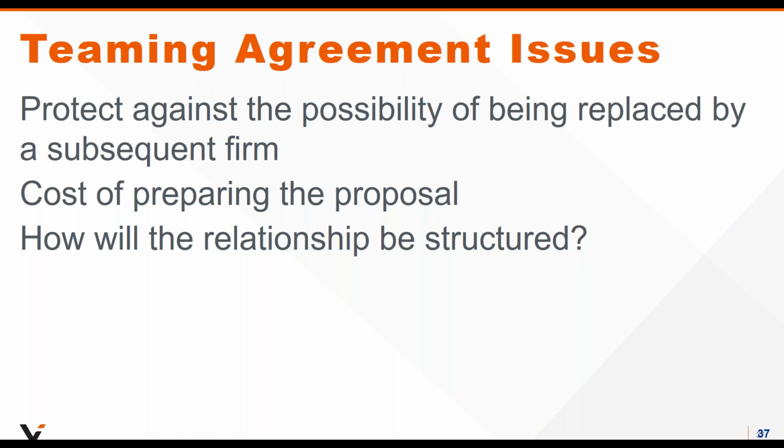You want to protect against the possibility of being replaced by a subsequent firm. One way to do that is to clearly identify what the relationship agreement is going to be like. Don't leave that till the end after you've won the job. Spell out exactly what your subcontract relationship and terms and conditions are, and attach it as an attachment to your teaming agreement.